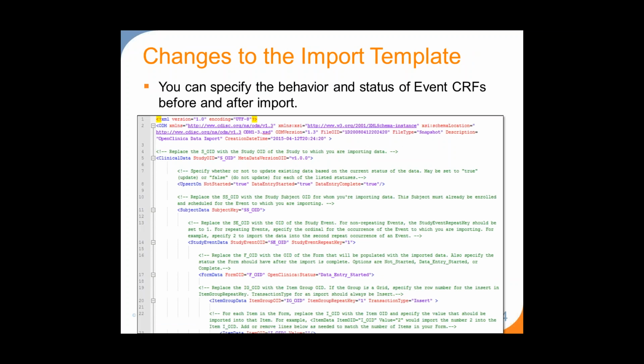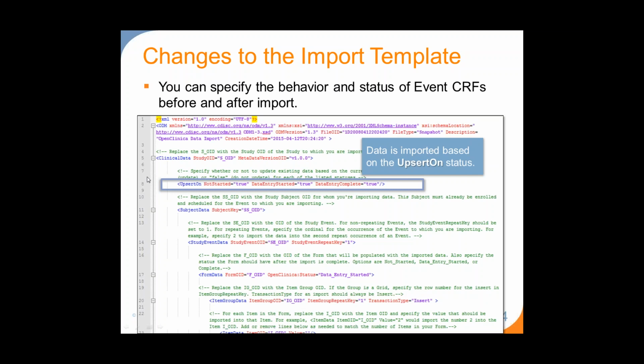One of the other changes, as I mentioned, was updates to the data import template. This is an XML template as well, and we've added some functionality there. The first thing I'm going to mention is that you can now import data based on the current status of that data.